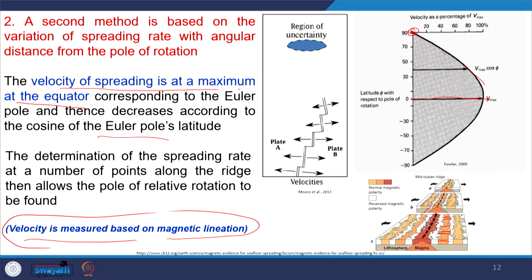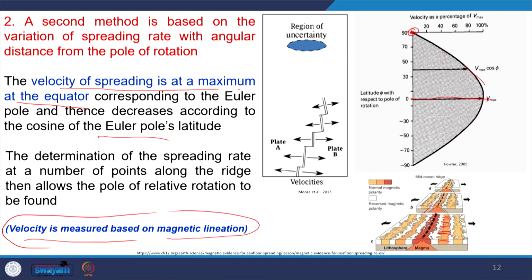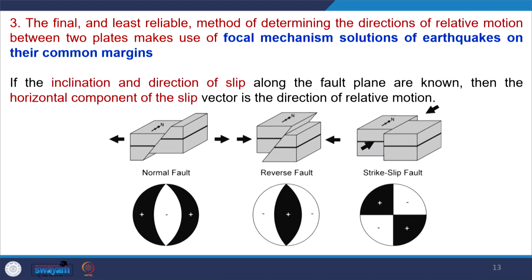The width of these strips depends upon the relative velocity. Gradually, towards the Euler's pole, the strip width decreases. Based on that, we can calculate where the Euler's pole position is.